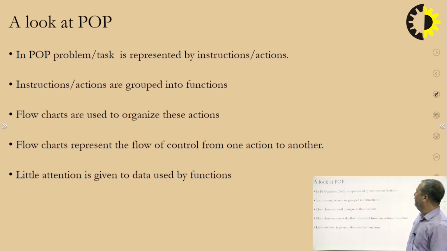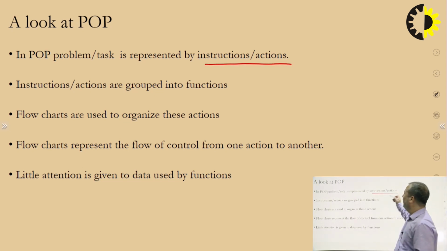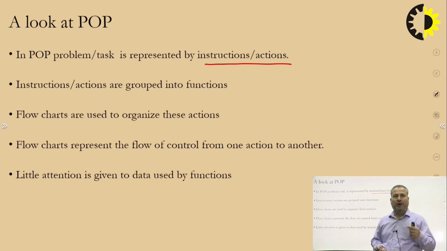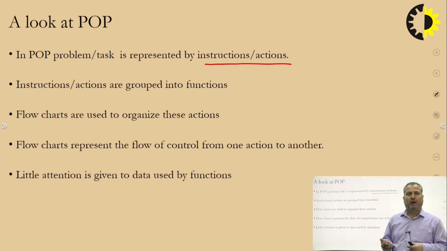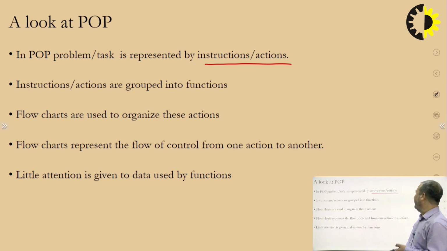So in POP, meaning procedure oriented programming, a problem or task is represented by instructions, or you can say actions, okay, and the instructions or actions are grouped into functions, right, meaning the entire code is written into different functions, and one function may call another function, meaning a module can use another module, whatever they wish to use, all right. Flow charts are used to organize these actions, okay, and a flow chart represents the flow of control from one action to another.